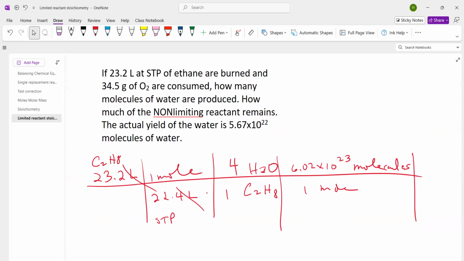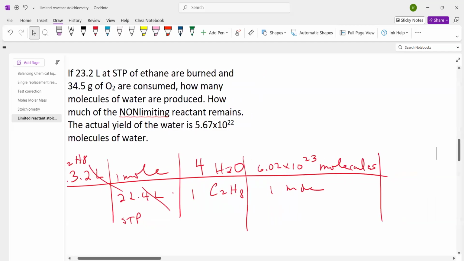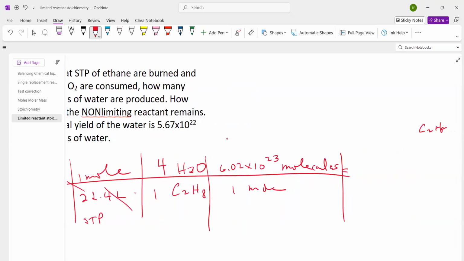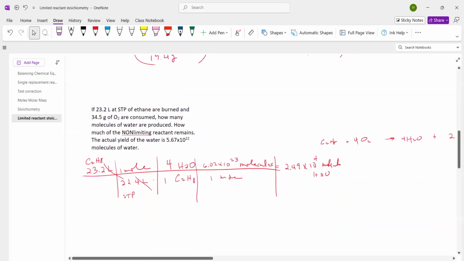I'll see how many molecules of water we've just made. Okay.